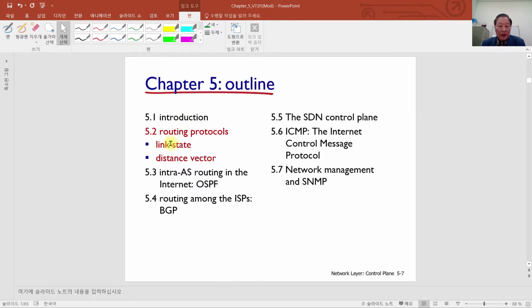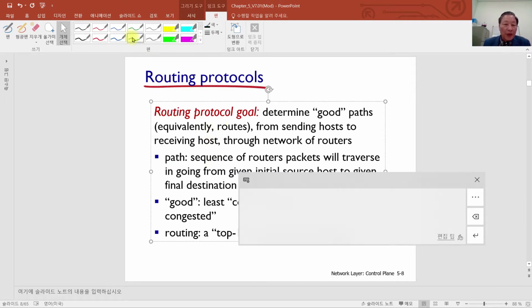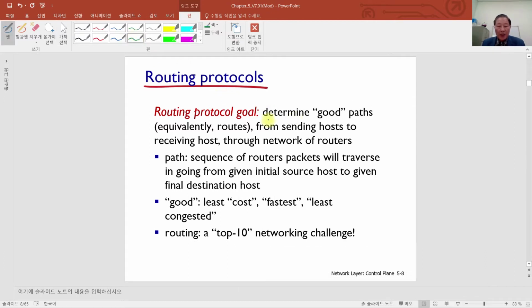Let's look at the next subchapter. This one is about the routing protocols. There are two kinds, link state and distance vector. I simplified this one to understand the basic concept, instead of going into detailed information about the routing algorithm.